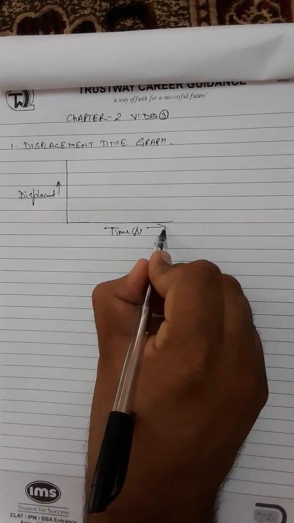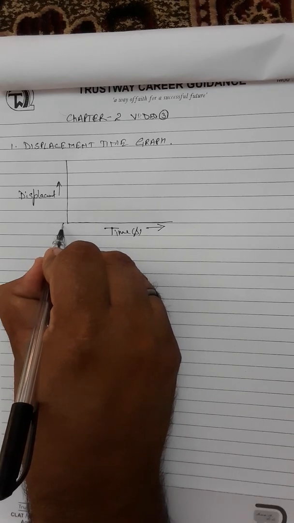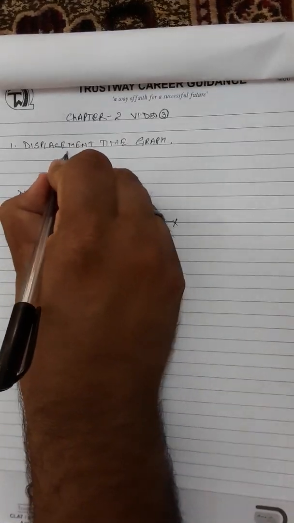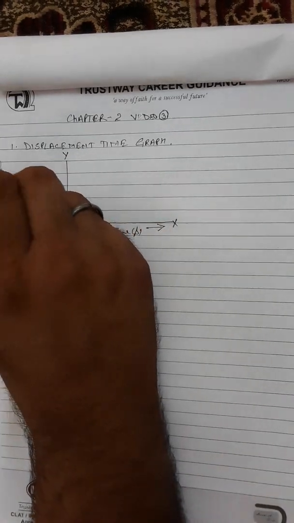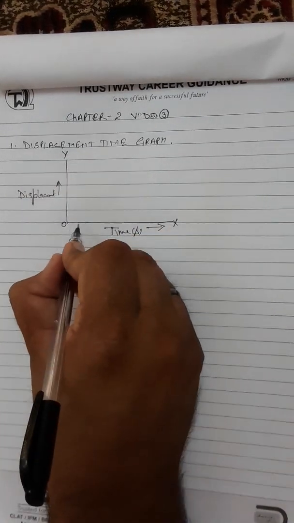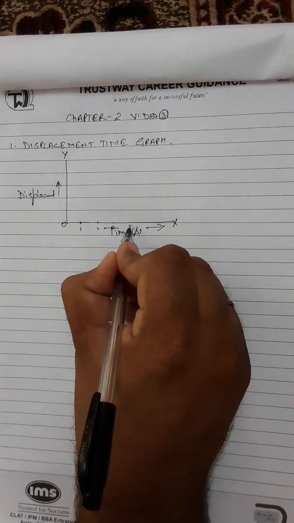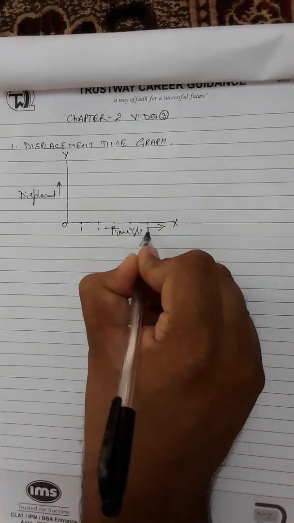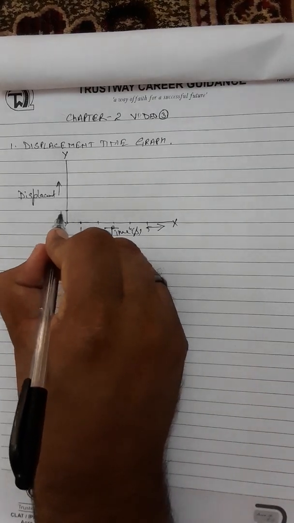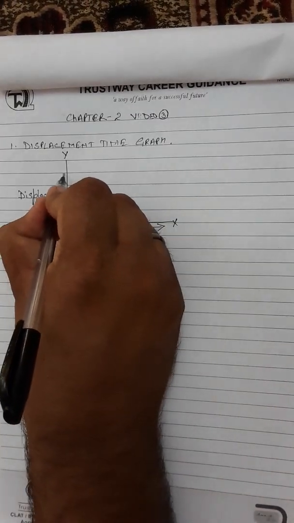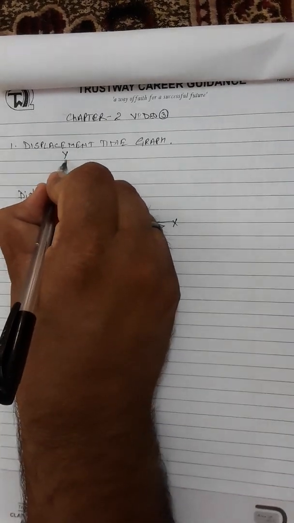Arrow indicates increasing order, origin, x-axis, and this is the y-axis. For example, 1 second, 2, 3, 4 and 5 seconds. This is 10 meter, 20 meter, 30 meter, 40 and 50.